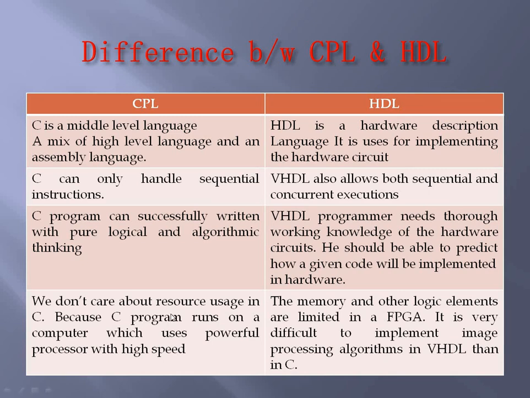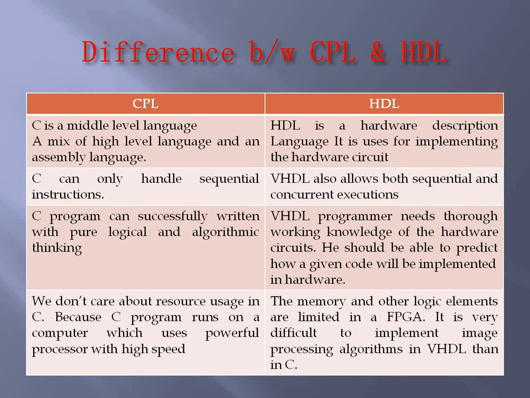We don't care about resource usage in C because a C program runs on a computer which uses a powerful processor with high speed. It doesn't care about resource usage, whereas the memory and other logic elements are limited in some FPGAs, because we implement on a PLD.